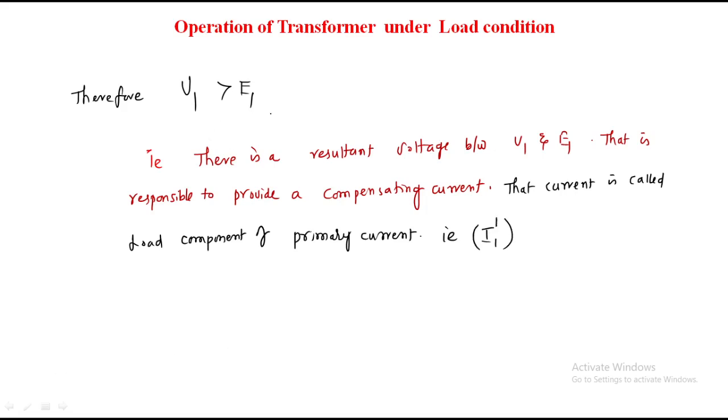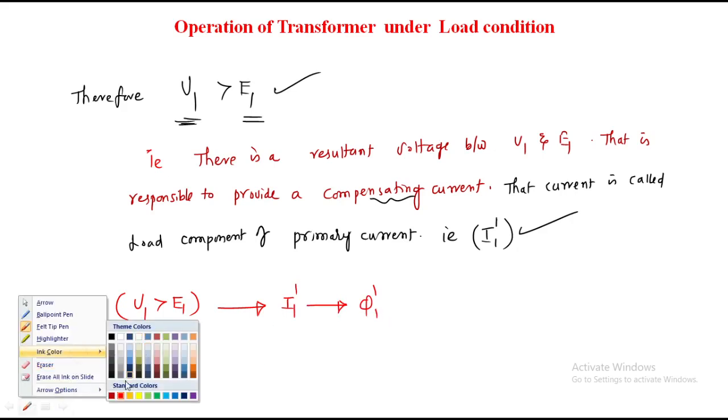So because of this more opposing nature of phi 2, we are going to get a less value of induced EMF compared to the supply voltage. So obviously V1 is more than E1, there is a difference in voltage. That voltage is responsible to provide a compensating current. So that current is called the load component of primary current. So V1 more than E1 due to what we are having, I1 dash. Because of this we are having phi 1 dash. So this phi 1 dash should oppose phi 2.